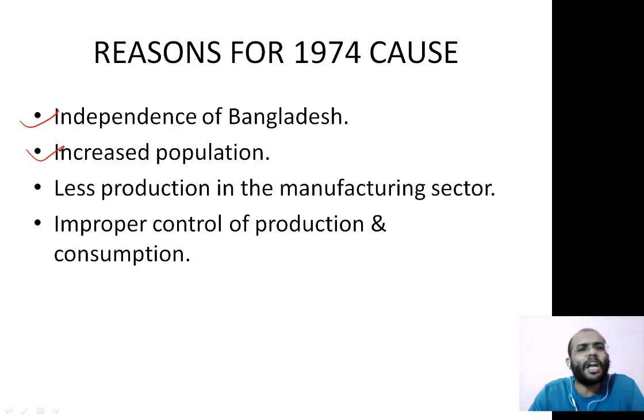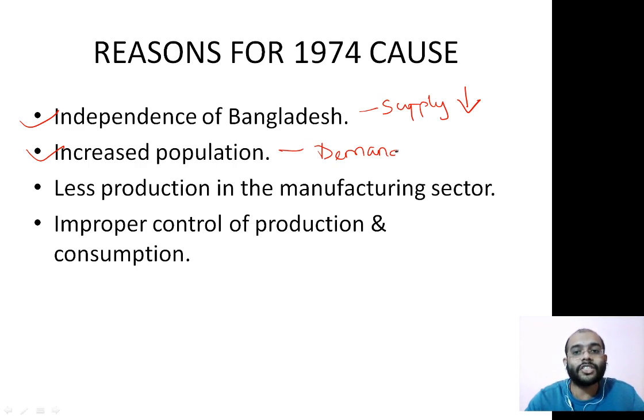Increased population. India was witnessing a boom in population in the 1970s. That was also leading to an increase in demand. Liberation of Bangladesh decreased supply. This is supply induced, and the increase in population led to an increase in demand. Both are responsible for the rise in inflation.